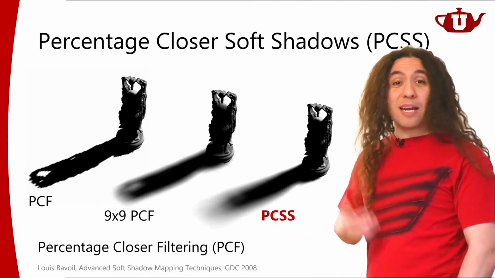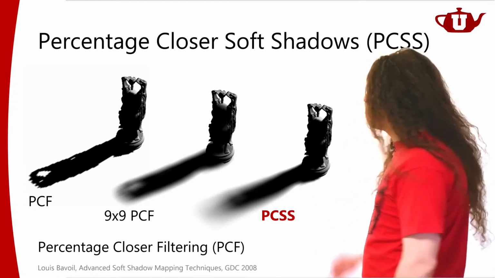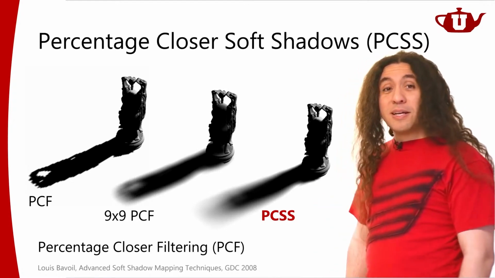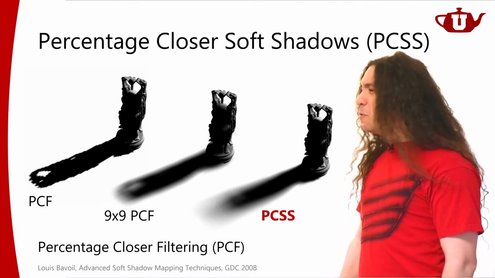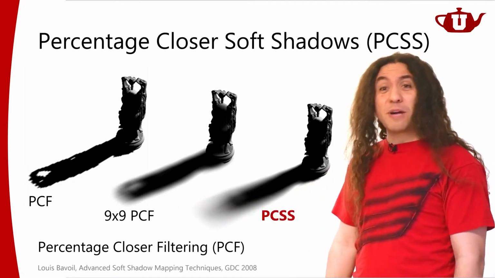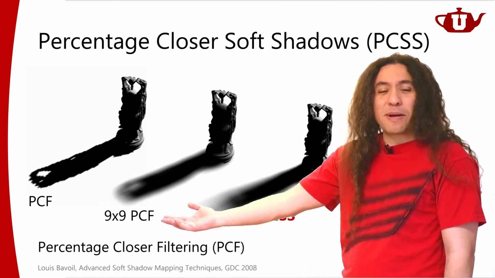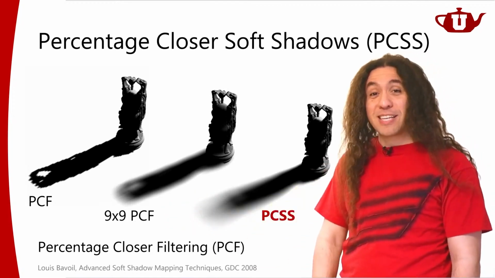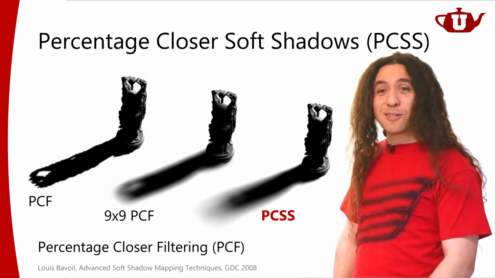And in some cases, you can't even tell if they are properly computed using ray tracing or just percentage closer soft shadows. Now the question is, how am I going to pick that percentage closer filtering radius? Well, that's the big question here. All right, let's look at that.